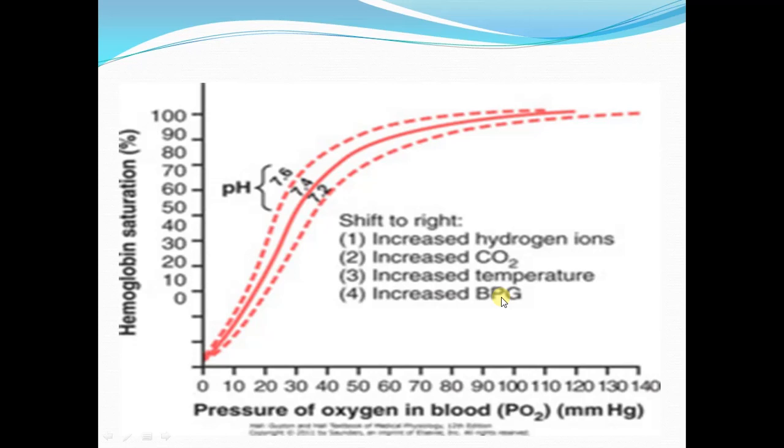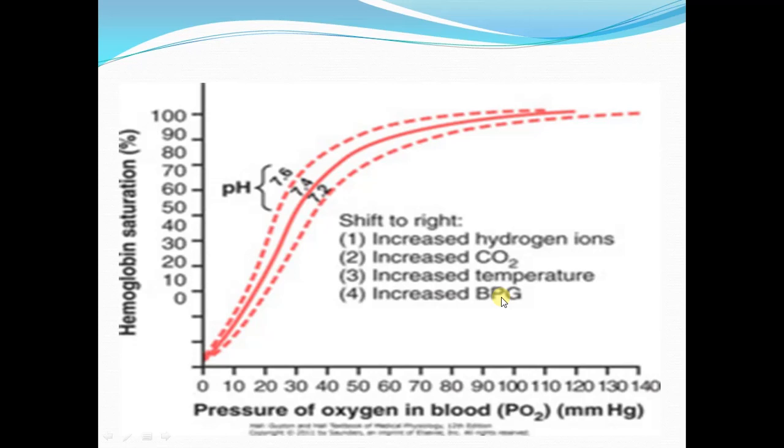P50 is the partial pressure of oxygen at which hemoglobin is 50% saturated with oxygen. I am repeating the definition of P50.